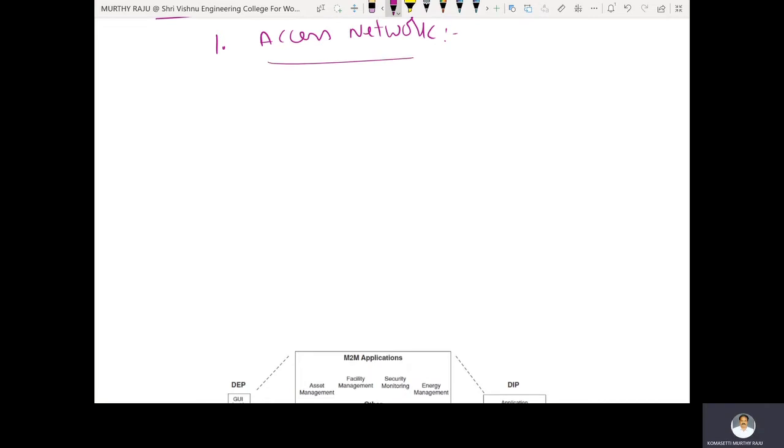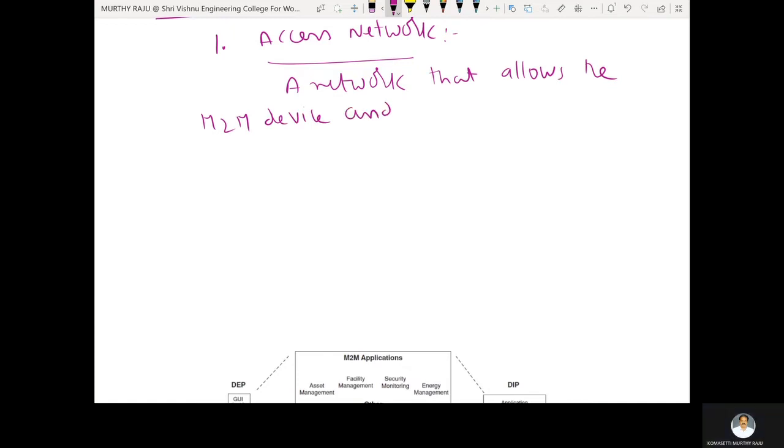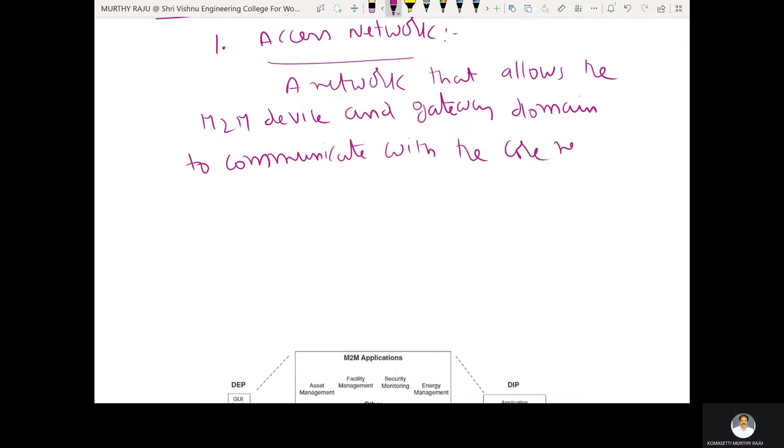Here, the access network is a network that allows the M2M device and gateway domain, which provide some local connectivity, to communicate with the core network.